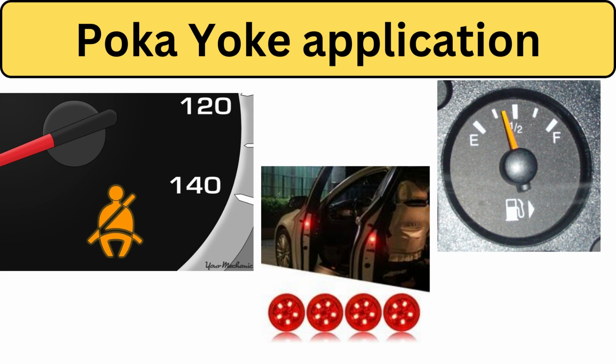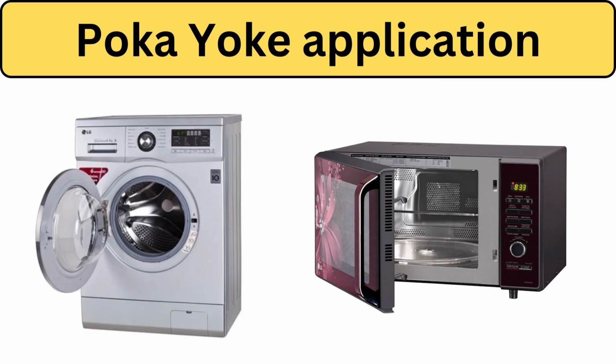Car service time also gives a signal. That comes under the warning Poka Yoke. And in household products like a washing machine or microwave, you can't start them until the door is closed. So this comes under the control Poka Yoke.